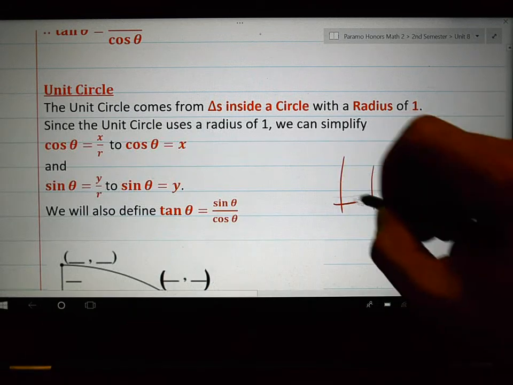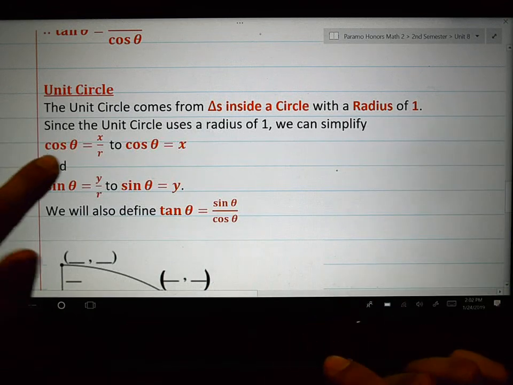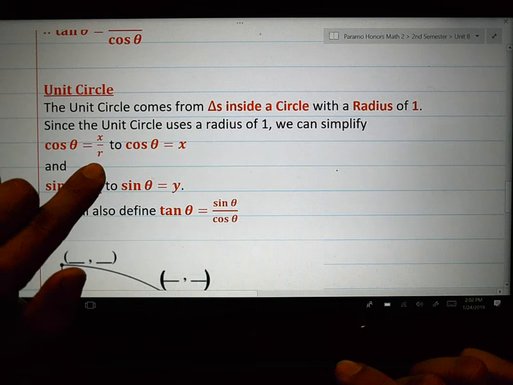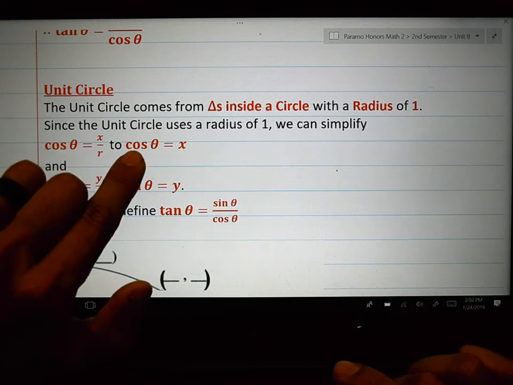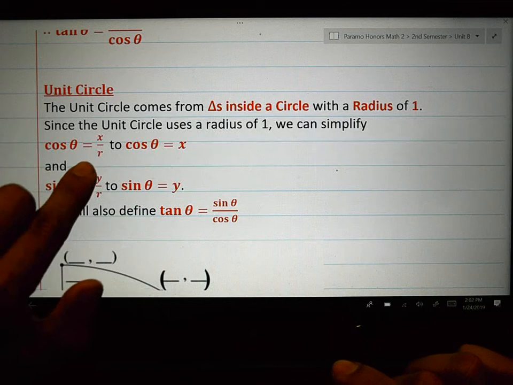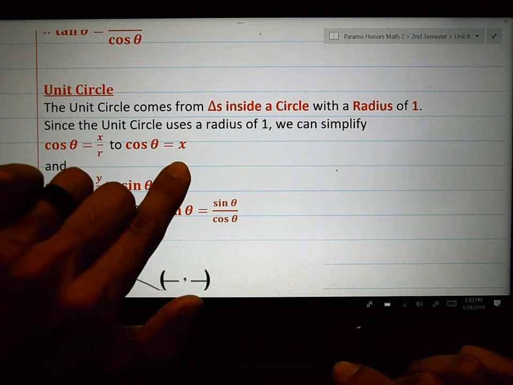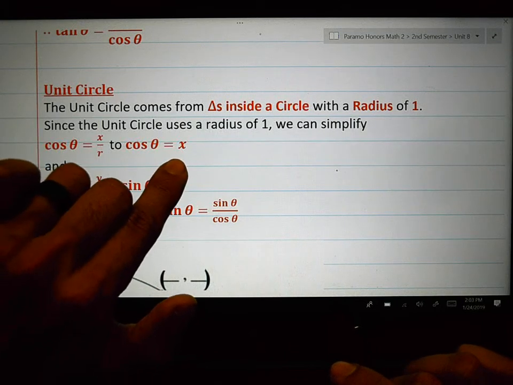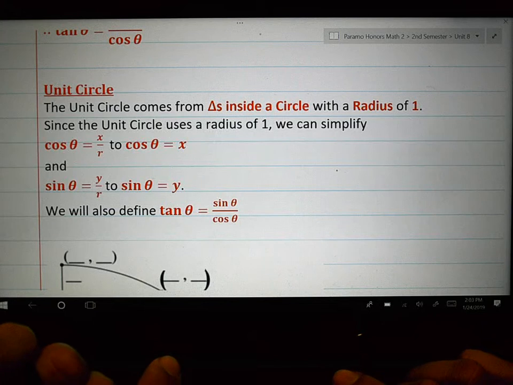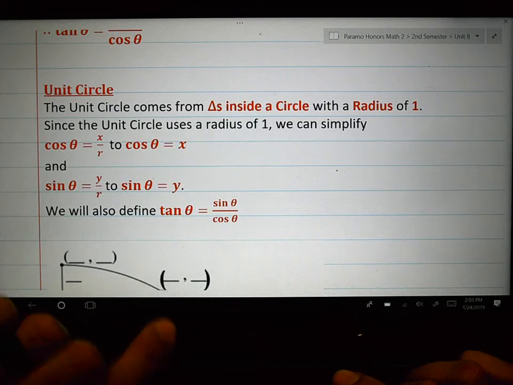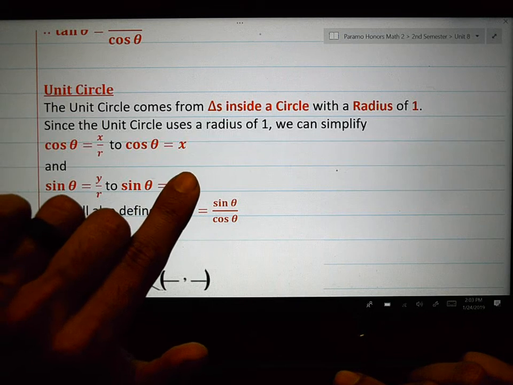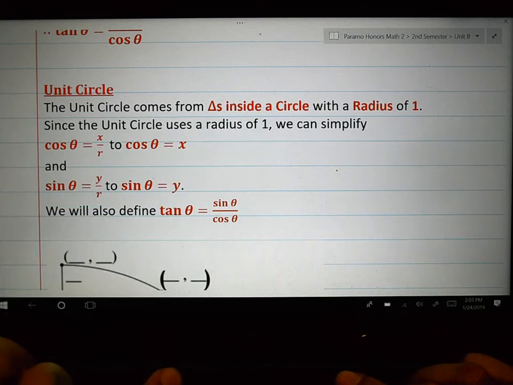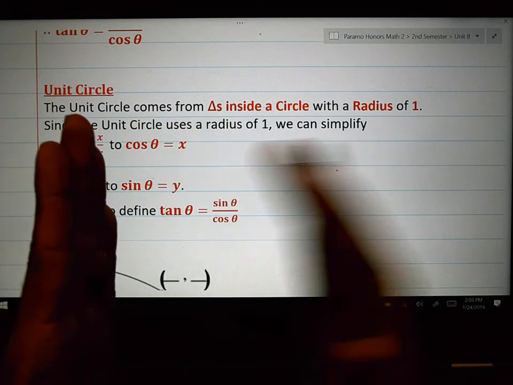Let me erase. Don't need that. If the radius is 1, then in the formula you just told me, your cosine of theta, if the radius is 1, is always going to be your x coordinate. That's important. Your cosine is always going to be your x coordinate, your horizontal distance.